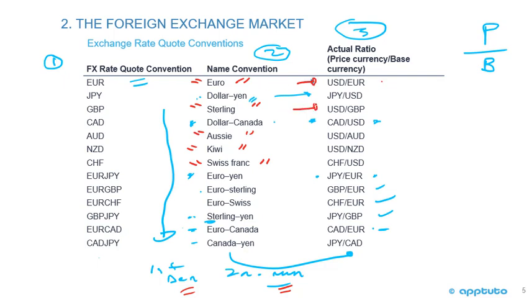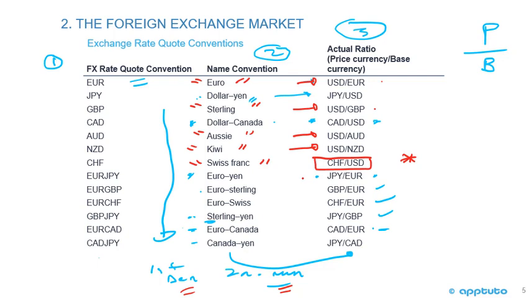Sterling, the numerator is US dollar, and the Great Britain pound is denominator. Aussie, the numerator US dollar. Kiwi, numerator US dollar. Aha! Swiss franc, we have one here that's different. It's the Swiss franc in the numerator, and the US dollar is in the denominator. So that's something really to be on the lookout for.